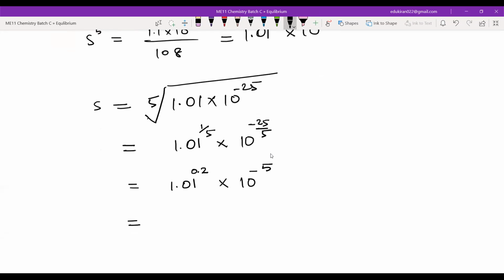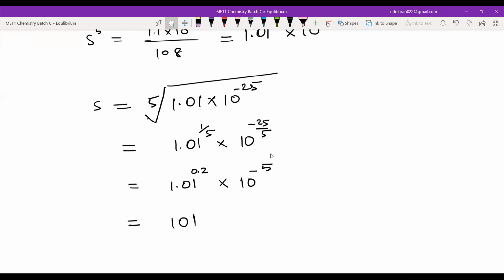I can write 1.01 first of all as 1.01 to the power 0.2. I can write this as 101. I did a mistake.